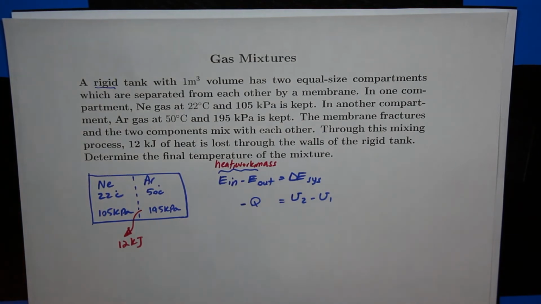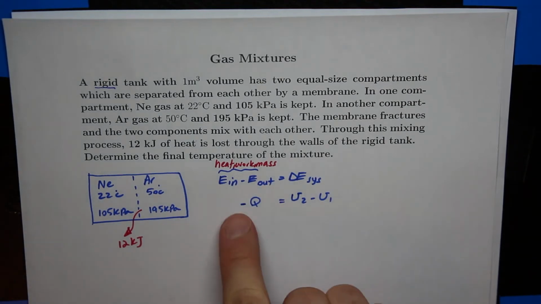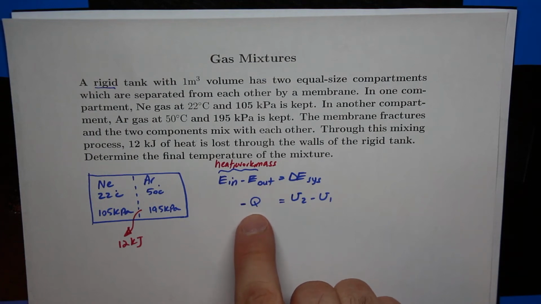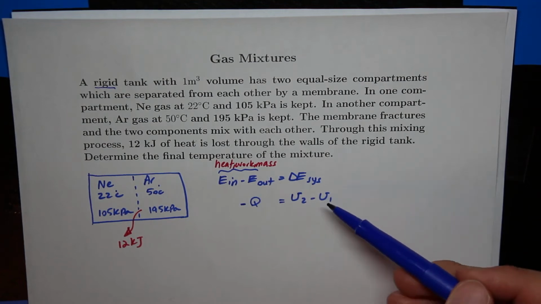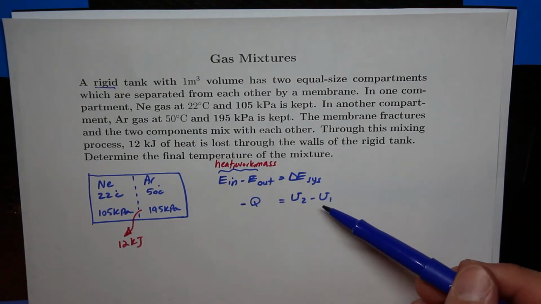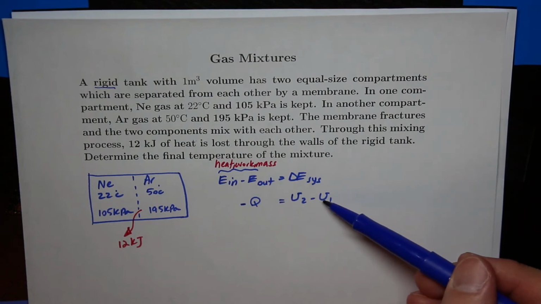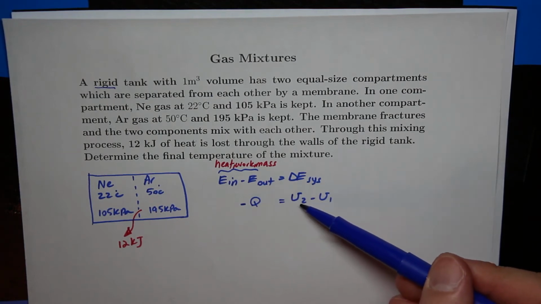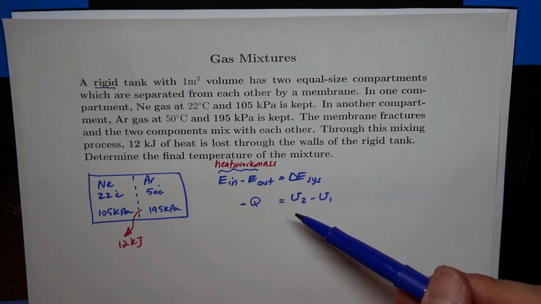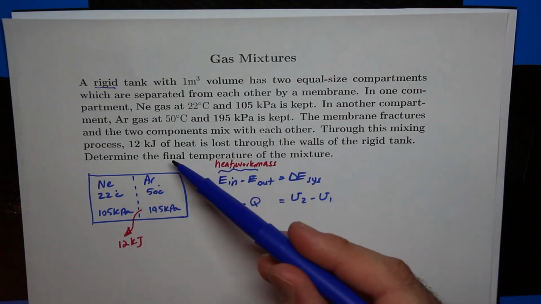Okay, now I'm going to start this problem by solving this equation, because in this equation Q is known, I know the value of Q, and that is 12 kilojoule. U1 is not directly given, but with some calculation, I'm able to find U1. So if I solve this problem and if I obtain U2, then based on that U2, I should be able to find the final temperature.